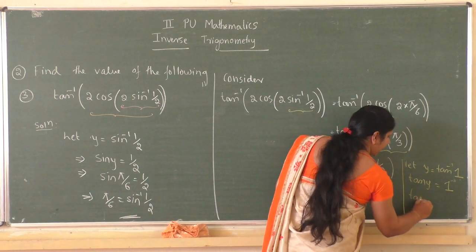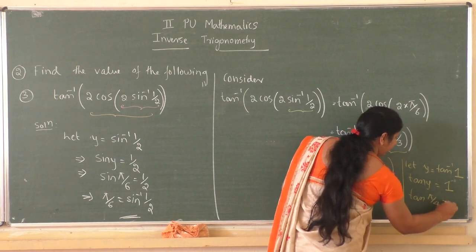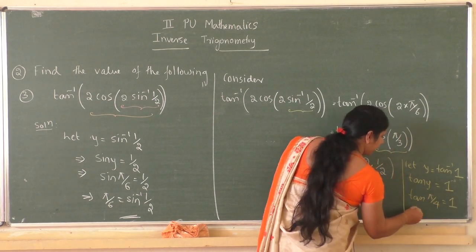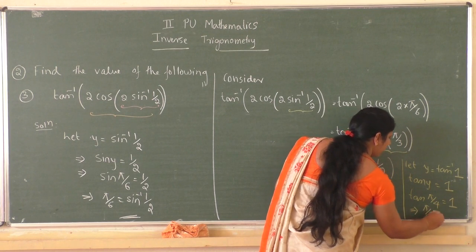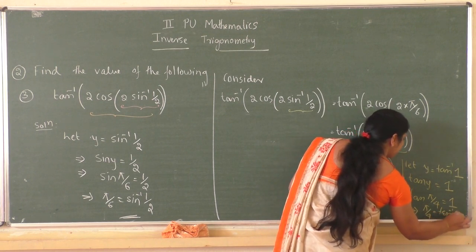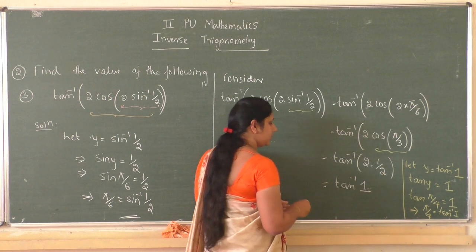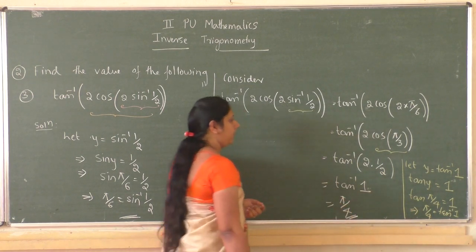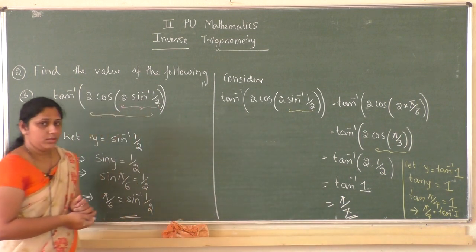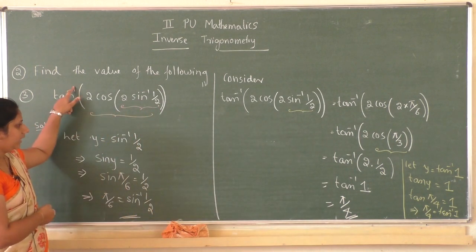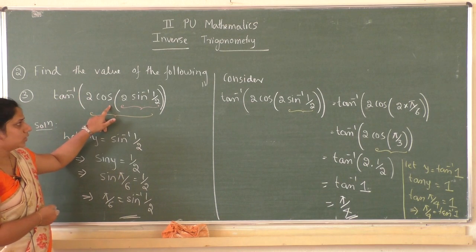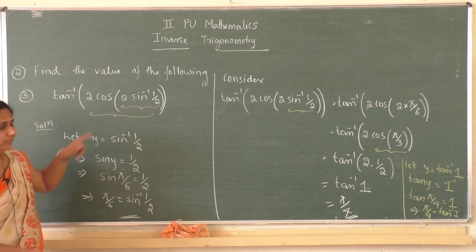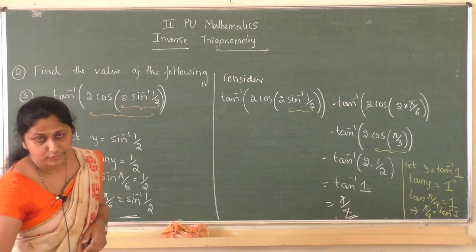So tan pi by 4 equals 1 implies pi by 4 equals tan inverse 1. So in the place of tan inverse 1 we can write pi by 4. So the value of tan inverse of 2 cos of 2 sine inverse half is pi by 4.